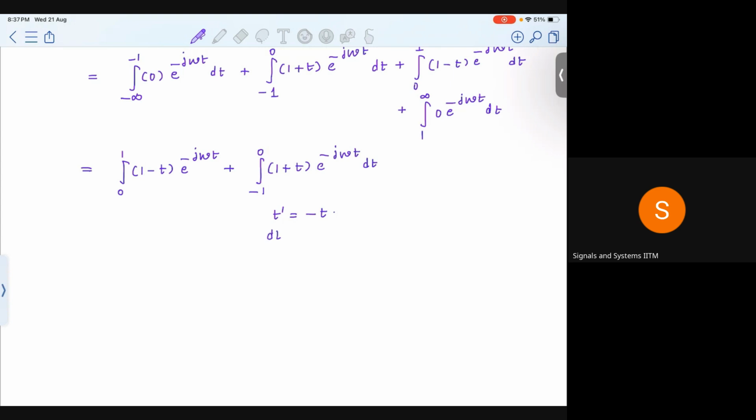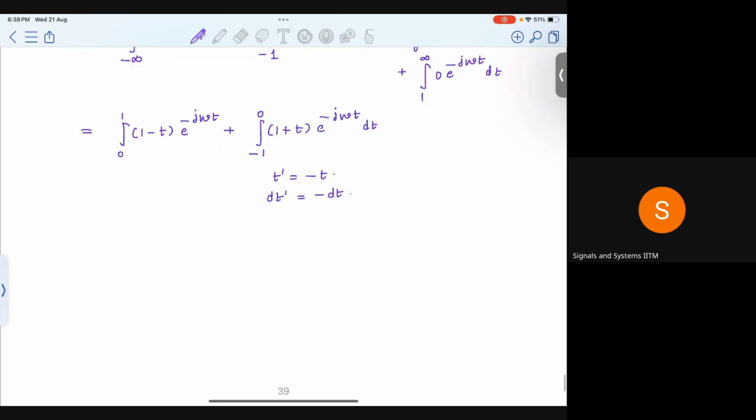Then dt prime is minus dt. Correct. When t goes from minus 1 to 0, minus t goes from 1 to 0.